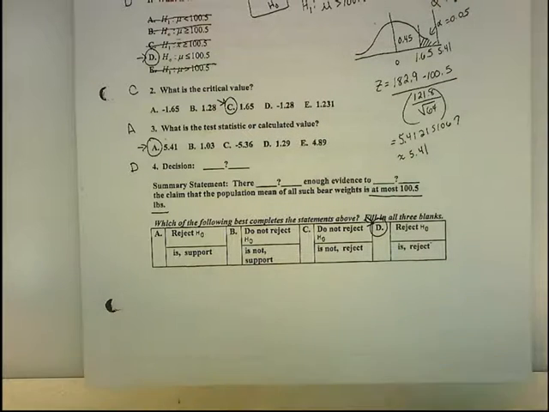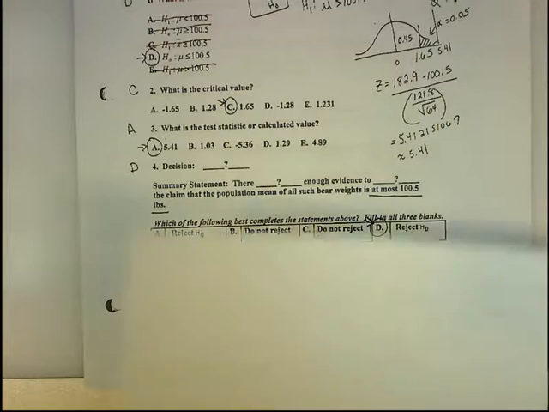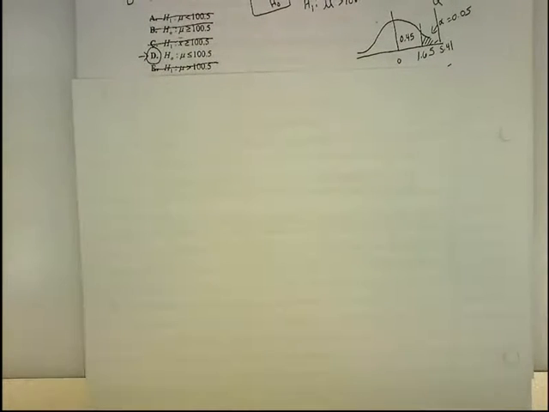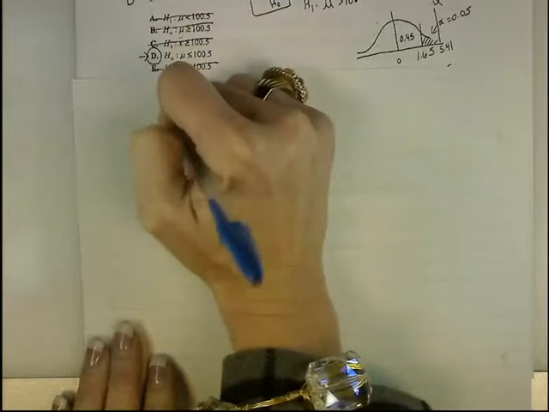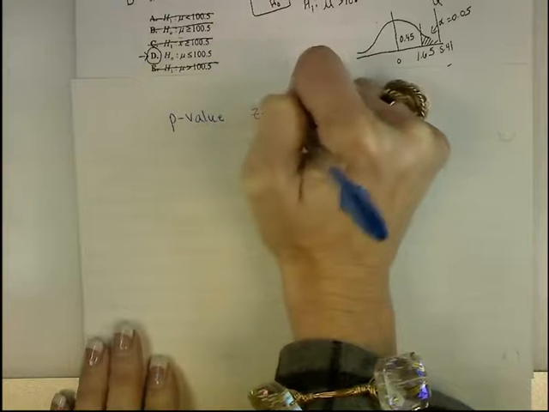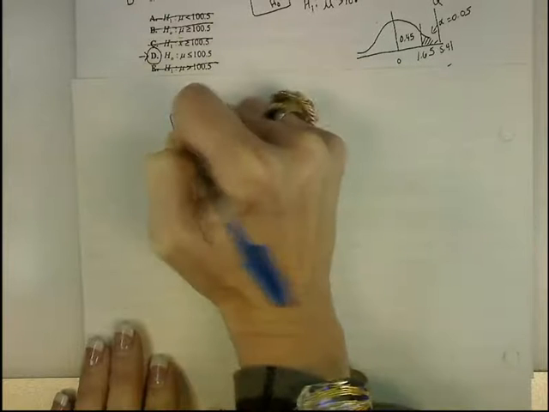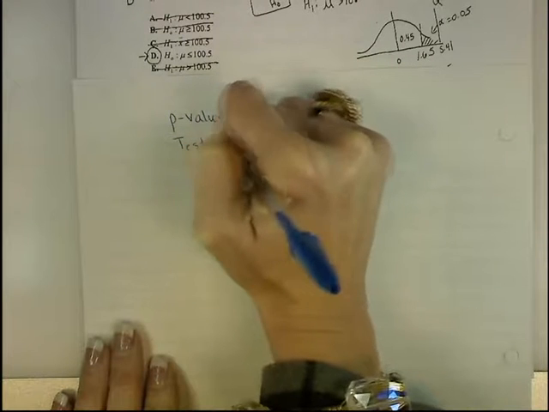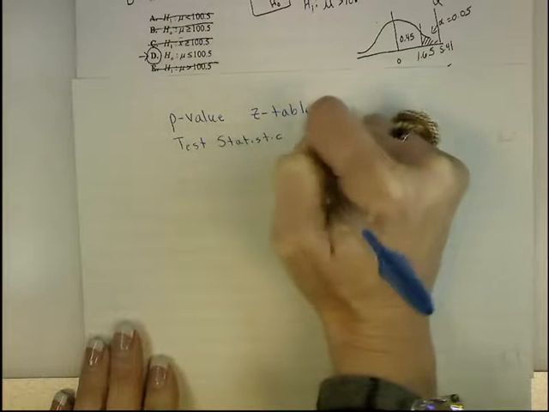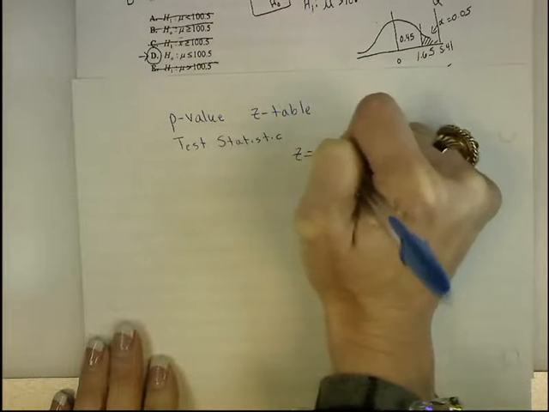I do wish to find the p-value for this particular problem so that if we did go through the p-value method, we would be able to make our decision in summary. So we would find the p-value from the z-table, using our test statistic. The test statistic z was 5.41.